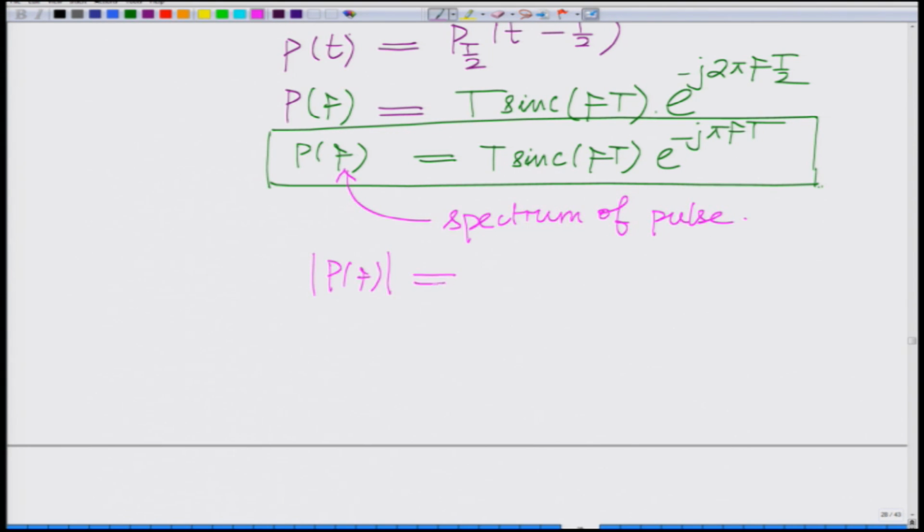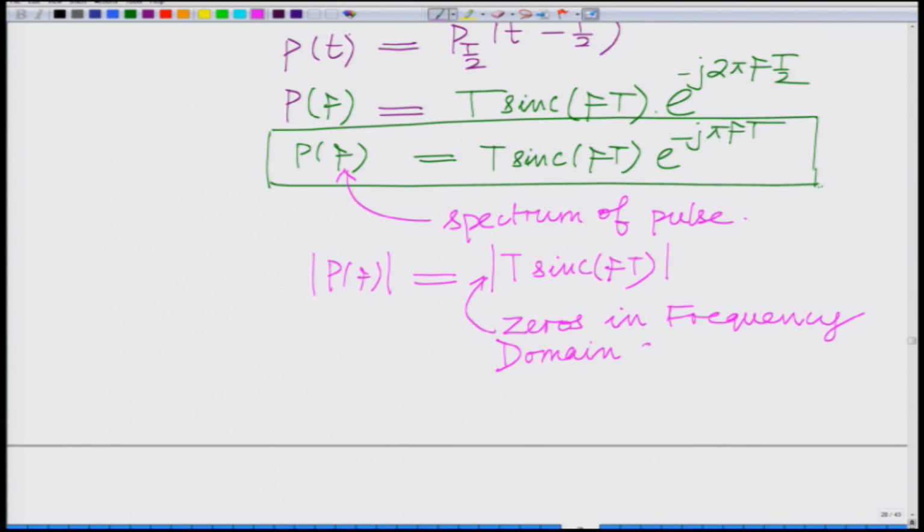So, therefore, amplitude spectrum is still the same, that is magnitude t sinc ft, and the zeros of this in the frequency domain are at k by t, that is integer multiples of 1 over t, where k is any integer, but k not equal to 0. Of course, at k equal to 0, this is equal to t.